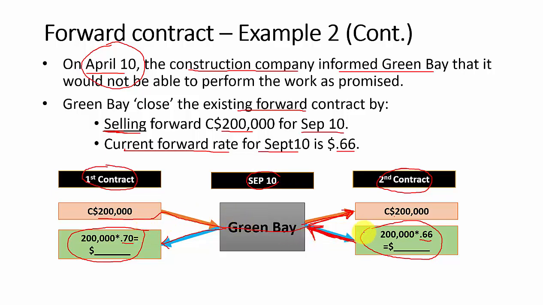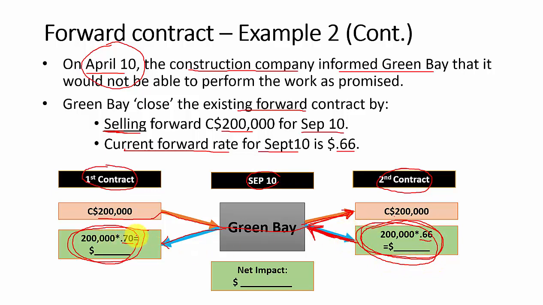On the other hand, if the second contract cash inflow is less than the cost of the first contract, Green Bay incurs some loss. You can easily calculate it by comparing what it gets over here and what it pays over here. Then you can easily figure out the net impact, or the net cost or the net profit.